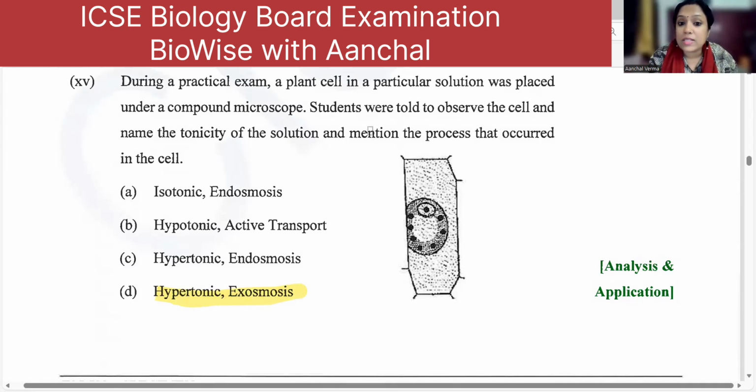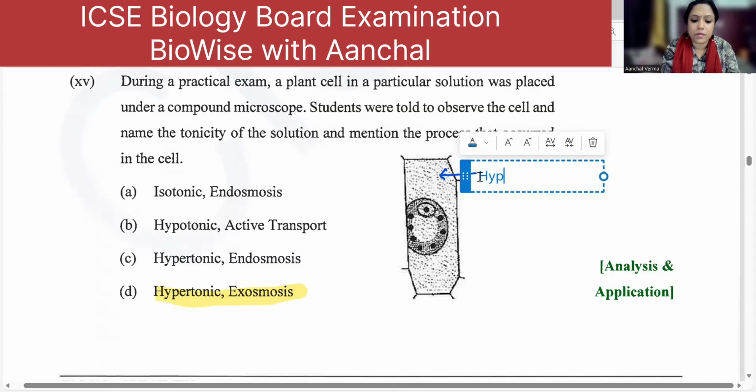And since the cell wall is freely permeable, the place between the plasma membrane and the cell wall is filled with hypertonic solution. So the fluid present here is hypertonic solution, because the cell wall is freely permeable.